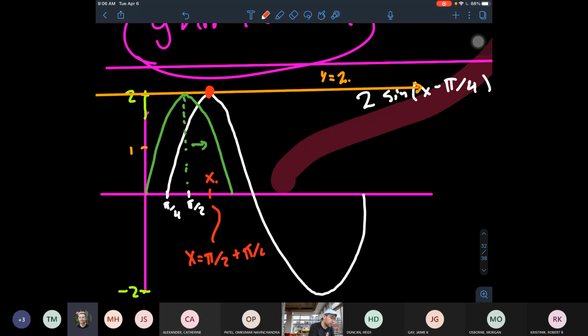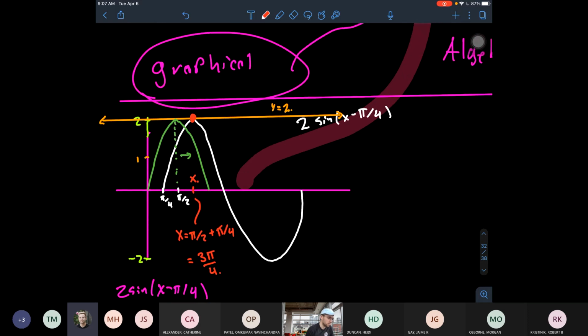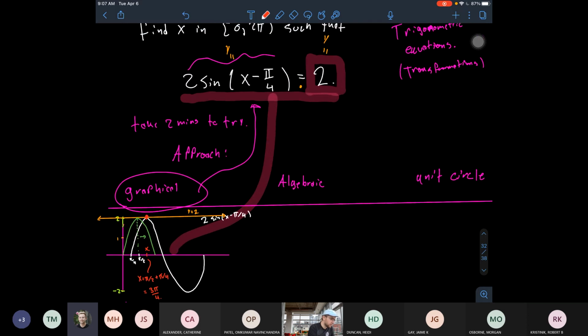So then this will be pi over 4 past pi over 2, which is then equal to 3 pi over 4. Okay, so this is the x value where this happens.